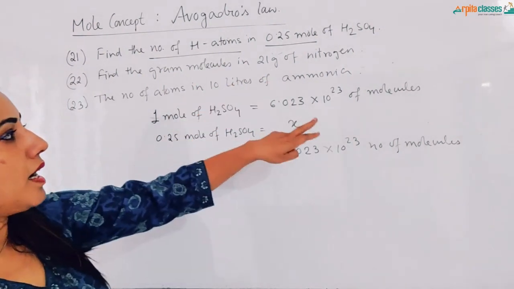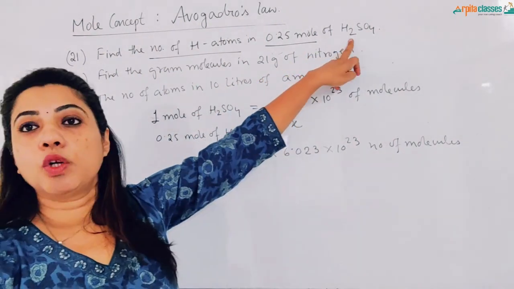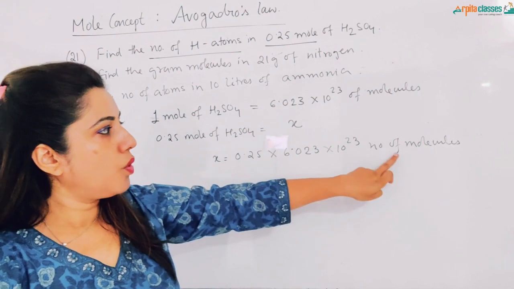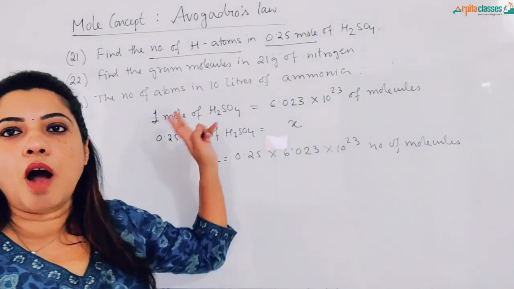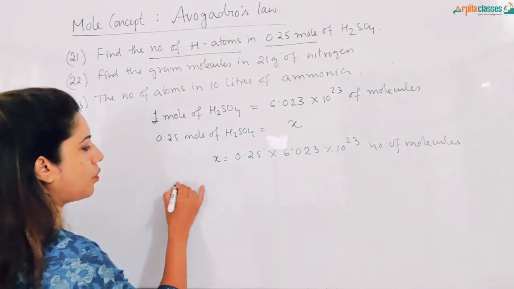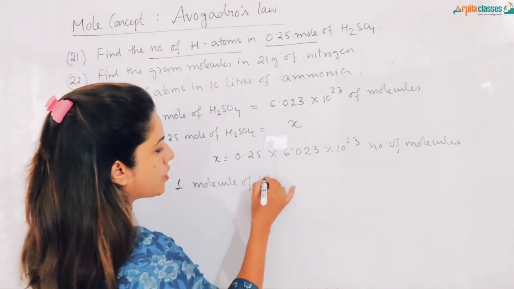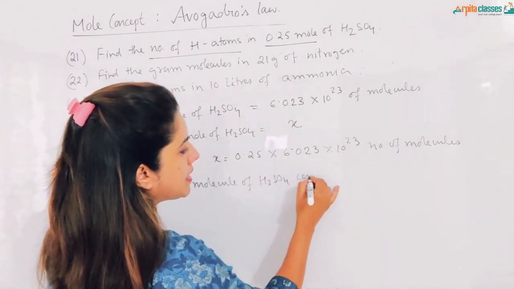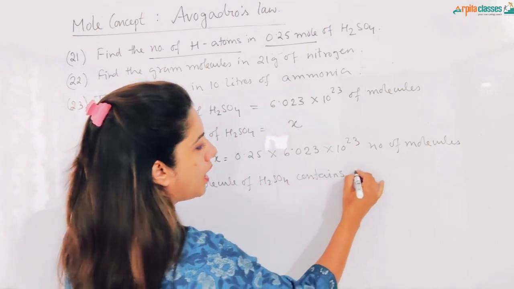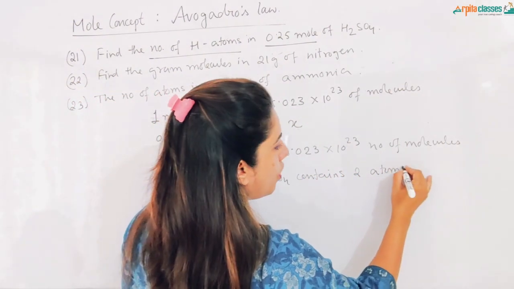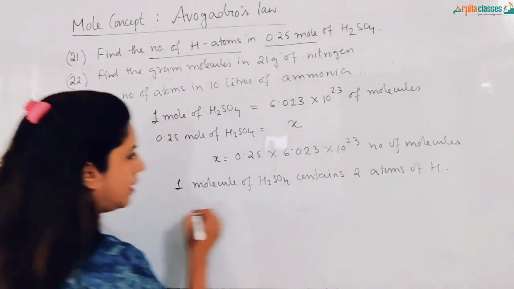Now we can see in one molecule of H2SO4 there are 2 atoms of hydrogen. So in these many molecules how many hydrogen atoms are there? So we'll write: one molecule of H2SO4 contains 2 atoms of hydrogen.